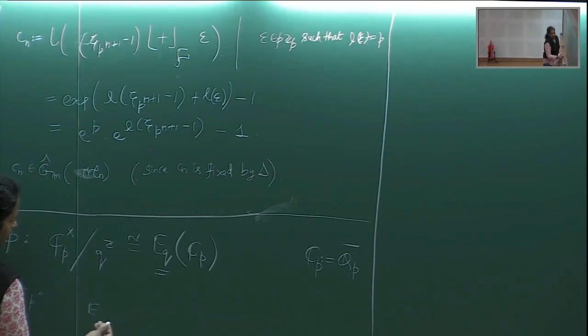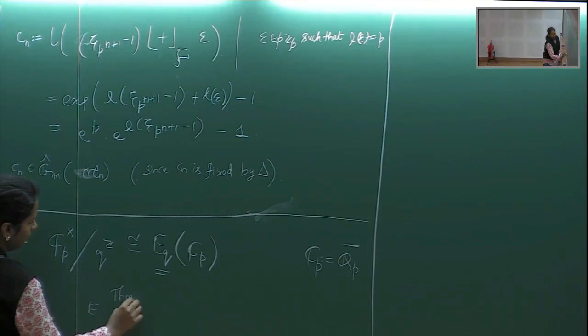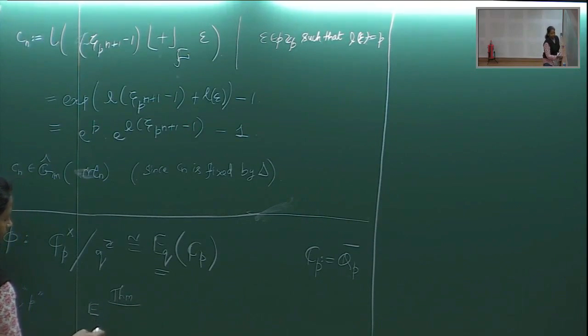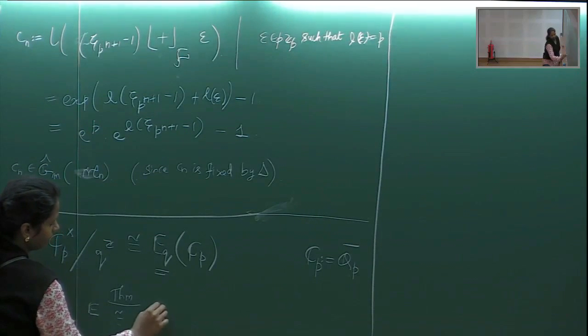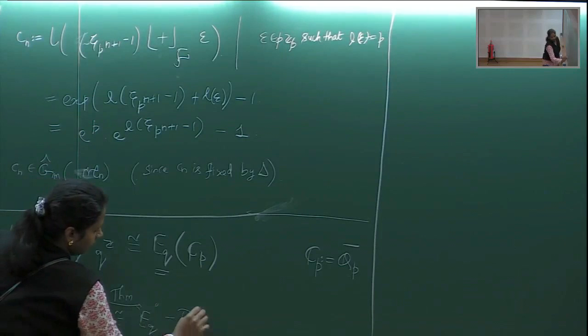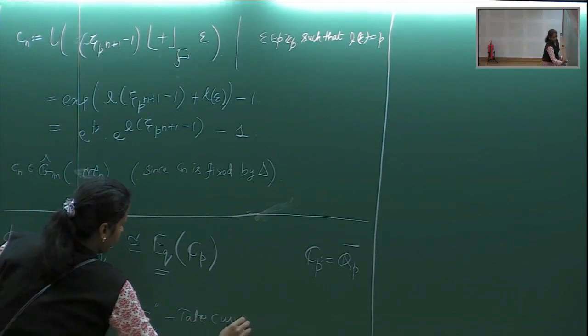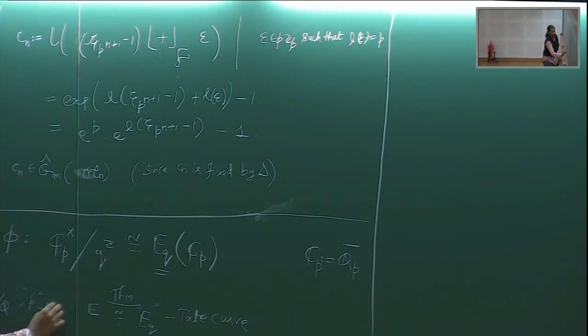It's a big deep theorem, or I can give you a reference later. So E you can think of as a Tate curve with this one.